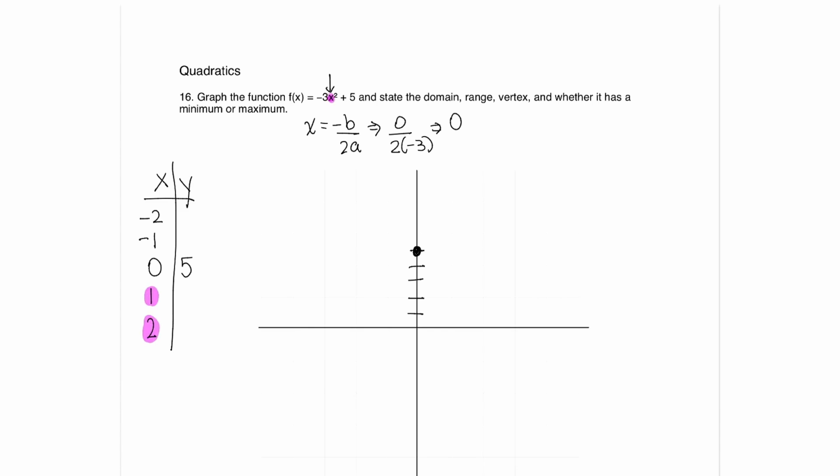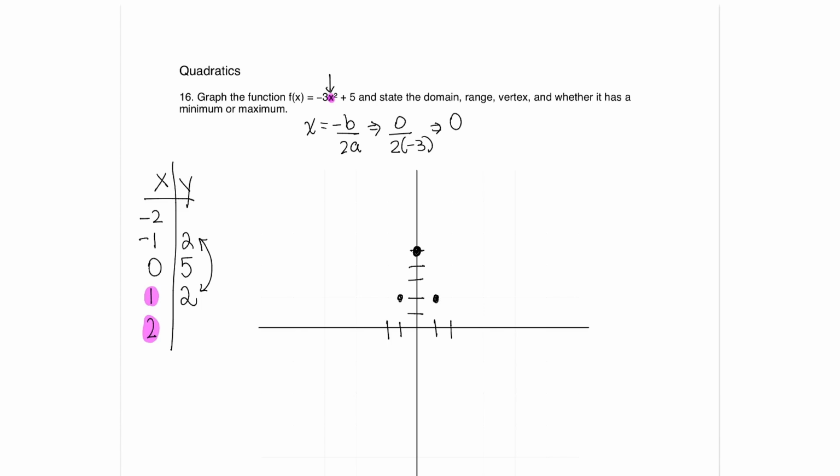So when we plug in 1 there, we're going to get -3 times 1 squared, which is still 1. So -3 plus 5 is going to be 2. Because these are the same, we can go ahead and write that value there. Okay, so -1, 2 is here, and 1, 2 is here.